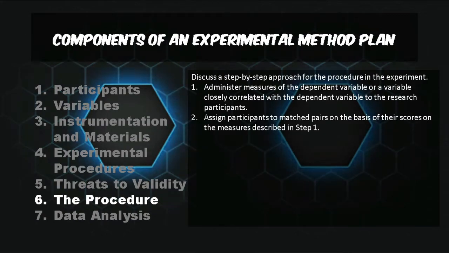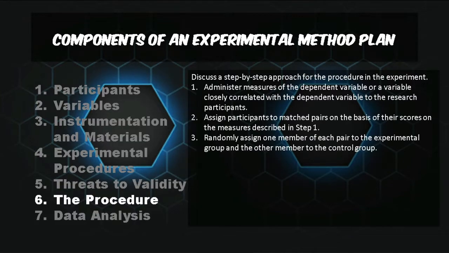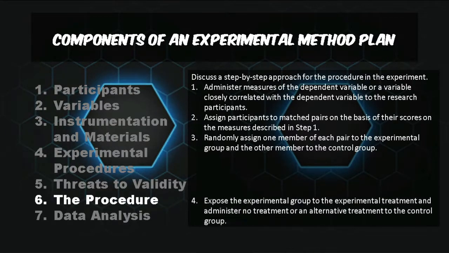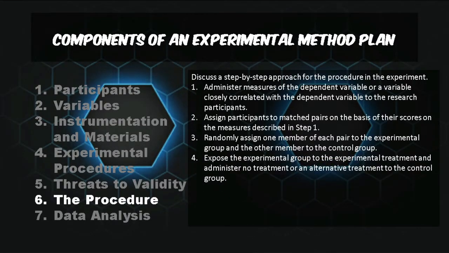And then assign participants to match pair on the basis of their scores on the measures described in step number one. So based from their pretest, I'm going to match and then randomly assign them to our comparison groups, meaning experimental or control group, and then expose the experimental group to the experimental treatment. And of course, you will not do that for the control group.